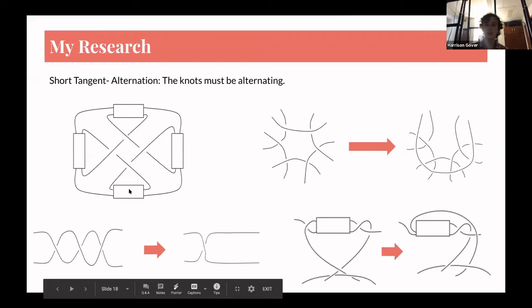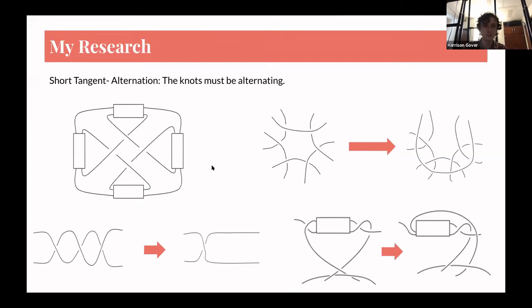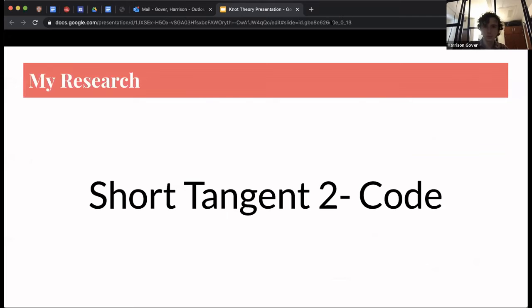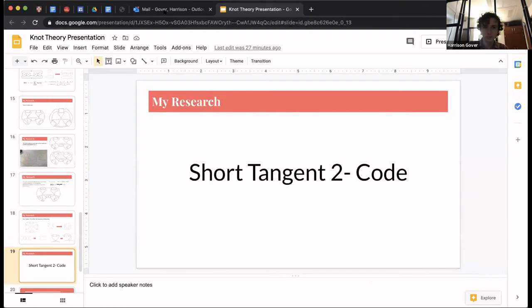So because of these three ideas, this has to be alternating, this outside has to be alternating. So, short tangent here, another one. Here we go.